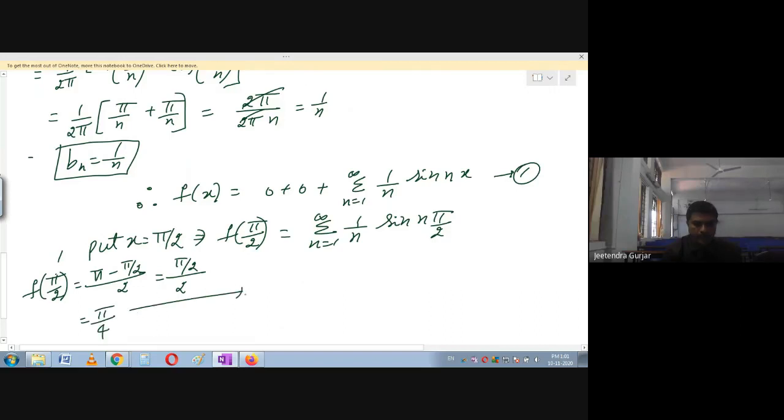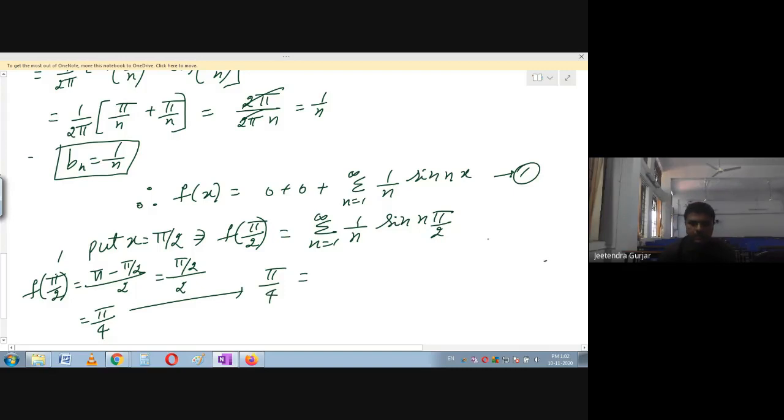So therefore I'm going to take this as pi by 4, which is equal to, I can see this is n pi by 2. Okay, means this is an odd function. If you substitute the values you are going to get even as 0. Please remember this.